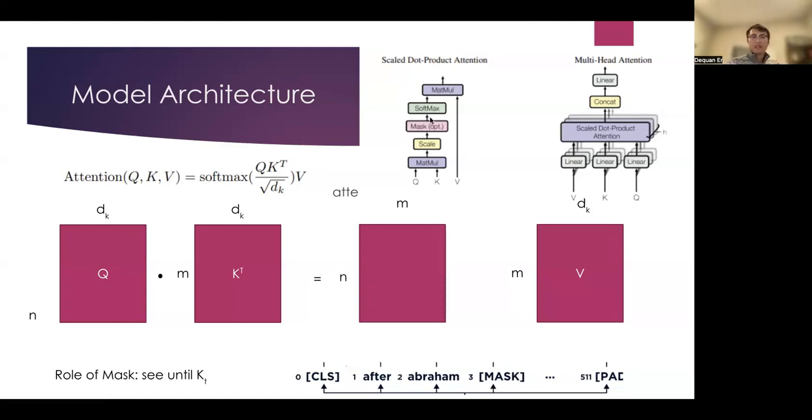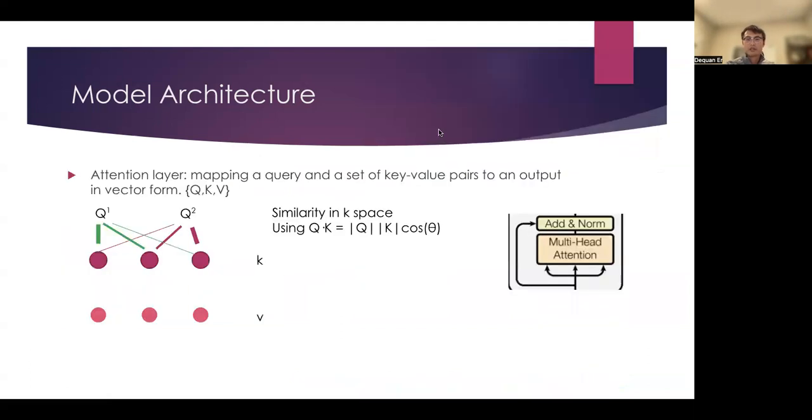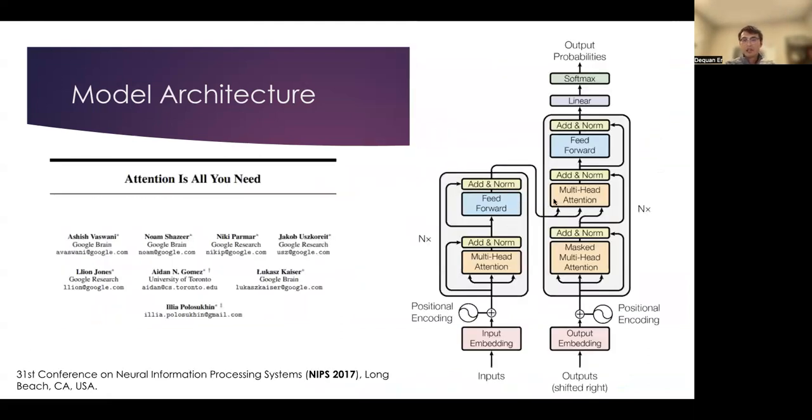So here there is also a mask layer I skipped. In this operation, the mask is optional, because if you look at this closely, in the encoder part you don't have a mask, but in the decoder part, you have the mask in the multi-head attention. Why is that?